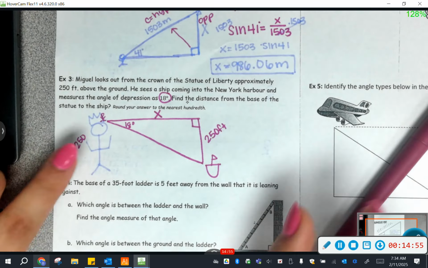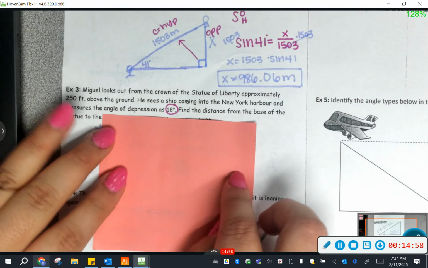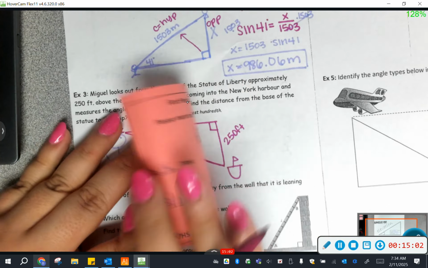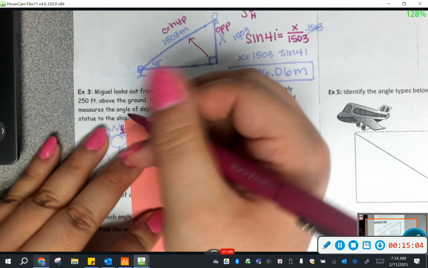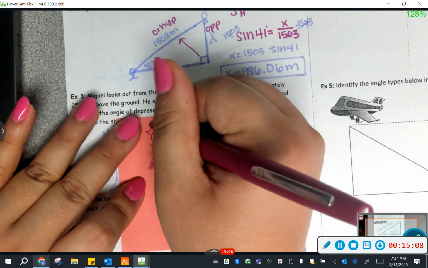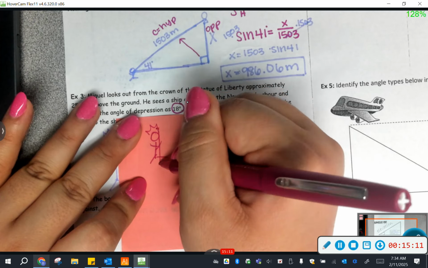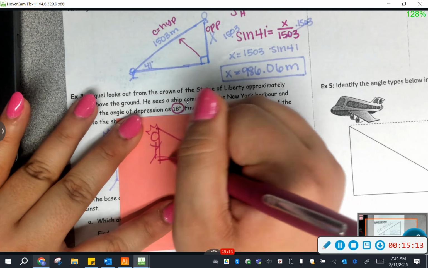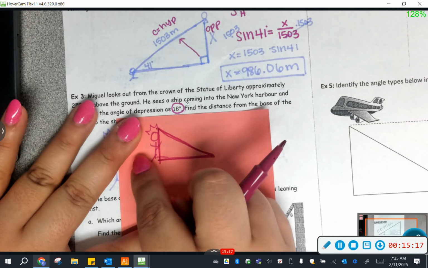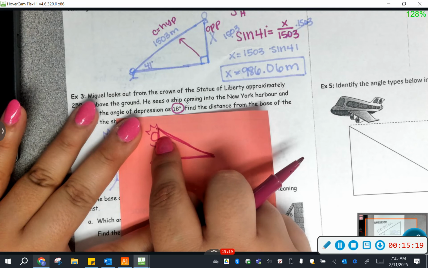Alright, do you agree this is 250 feet high in the air? From here, you could have drawn a triangle like this. Here's Miguel way up here. If you drew a triangle like this, you cannot put the 18 right here.